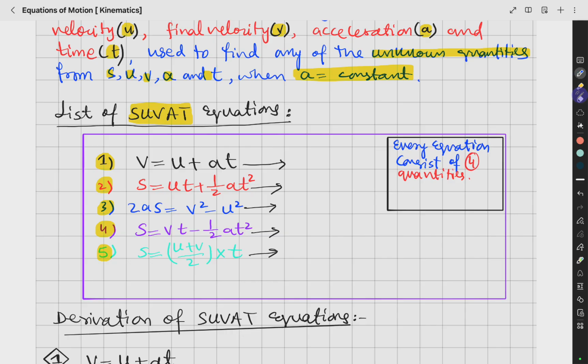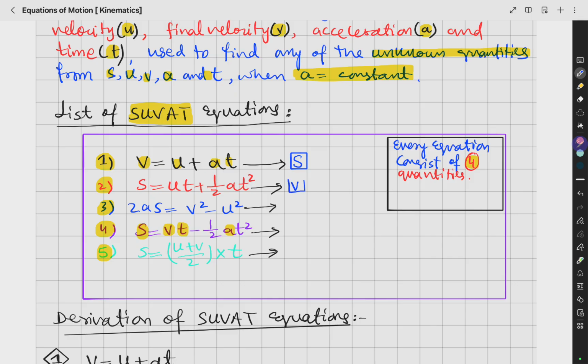A thing to note in these is that there are 4 quantities in each equation. If you look here, it is v, u, a, t. If you look here, s, v, t, and a. So 4 quantities are there. If a quantity is repeated, you count it once. The next noticeable thing is that one quantity is missing in each of these. In equation 1, s is missing.